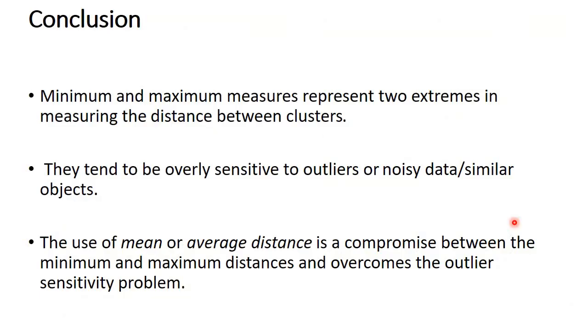Now, if we try to compare all these three techniques under hierarchical agglomerative clustering, the first technique, single linkage, states the minimum distance between the newly formed cluster and the other data points.